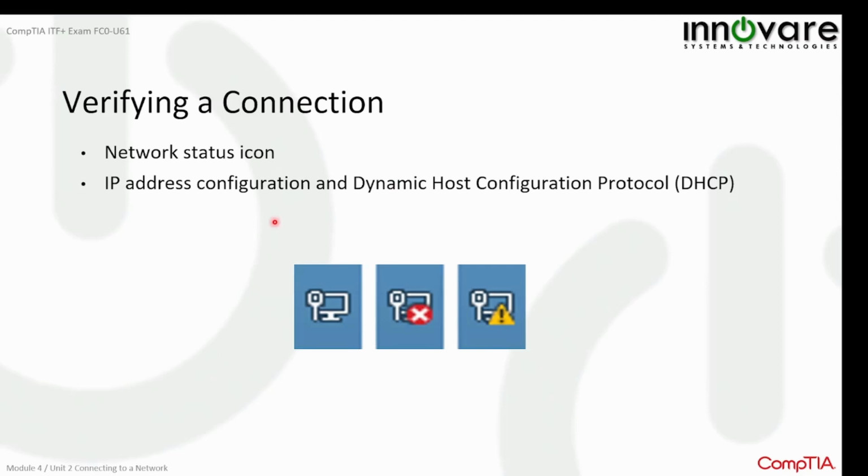Kung meron pang available IP address, or you're not getting an IP address at all because you have the wrong configuration. Yung mga routers, mga wireless routers, meron mga built-in DHCP or Dynamic Host Configuration Protocol services.